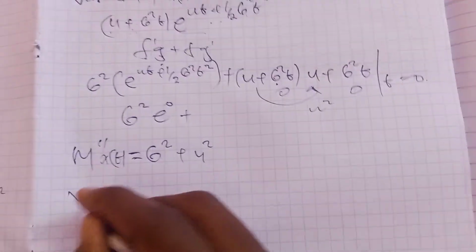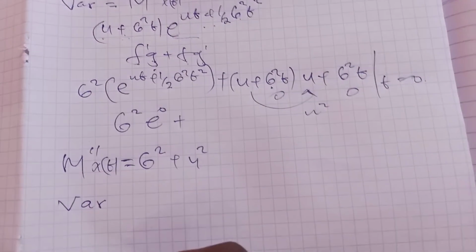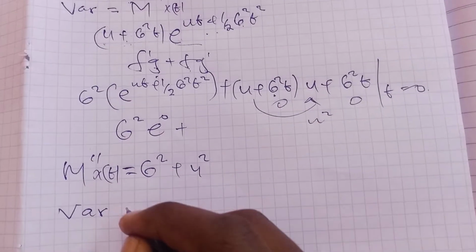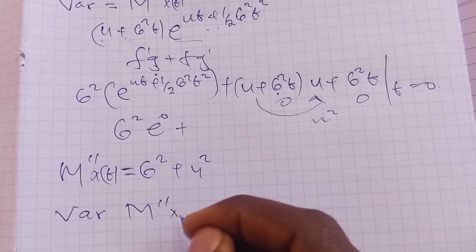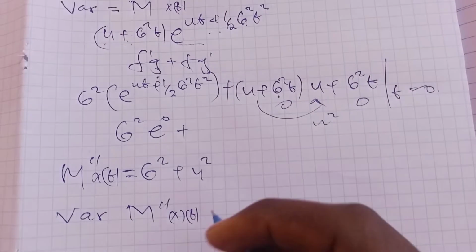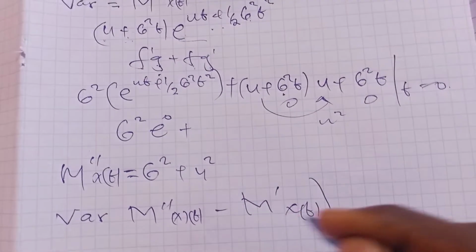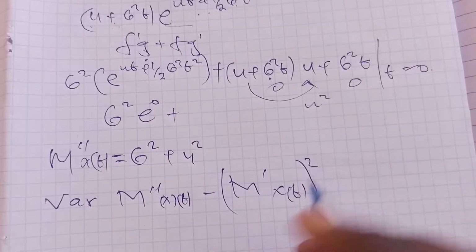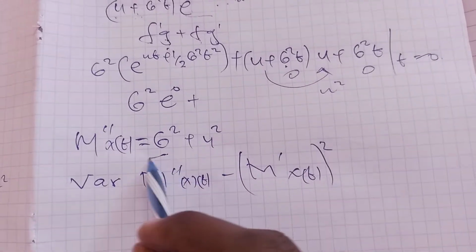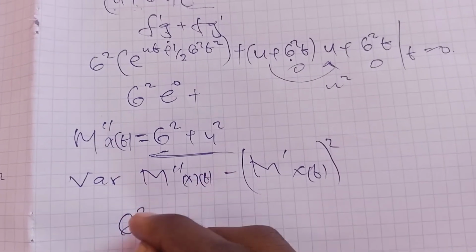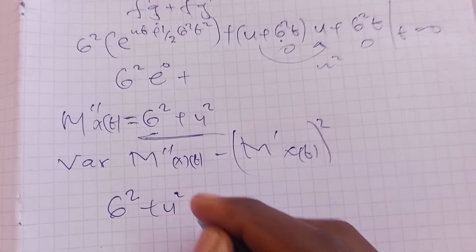So when finding the variance, we're supposed to take the second derivative, and you subtract the first derivative squared. So you're going to get this, sigma squared plus u squared.